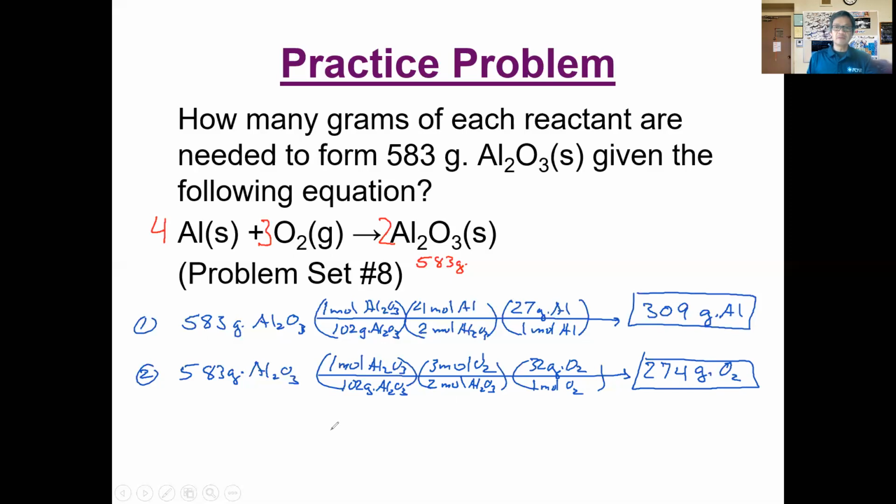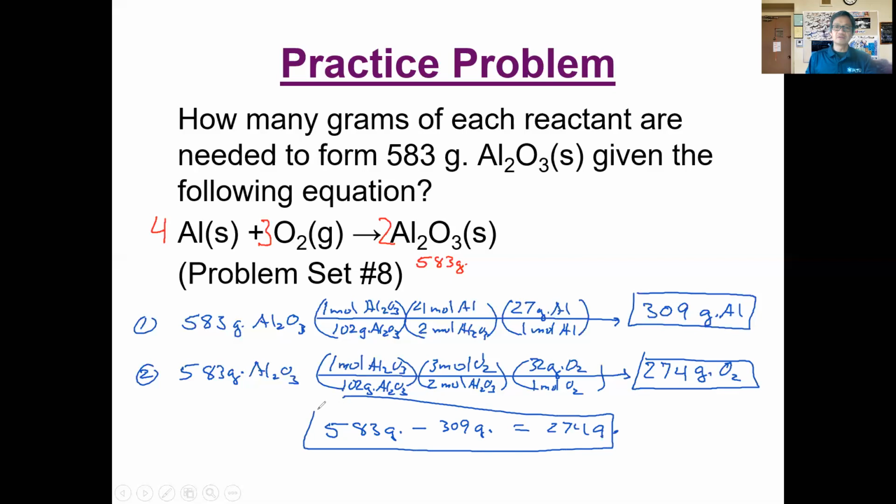You can then solve for the mass of oxygen by taking the total mass from this combination reaction and subtracting the mass of the aluminum, and you should also get 274. Either way will work, but using the law of conservation of mass saves you a whole lot of work.